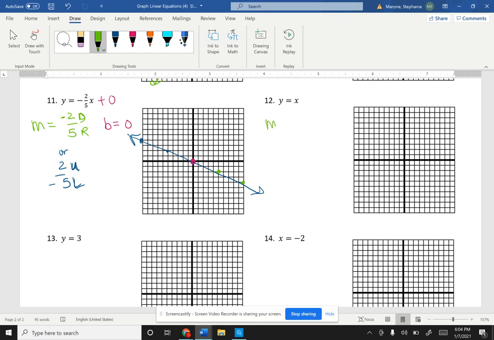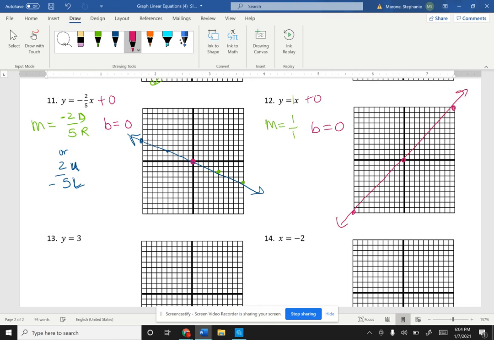The next one, m is the coefficient of x, which is 1, which we can make 1 over 1. Again, the y-intercept is 0. So the slope is 1 over 1, or we can do 10 over 10 or 15 over 15, whatever we want. Oops, that's horrible again. I can't use a ruler with my Surface.